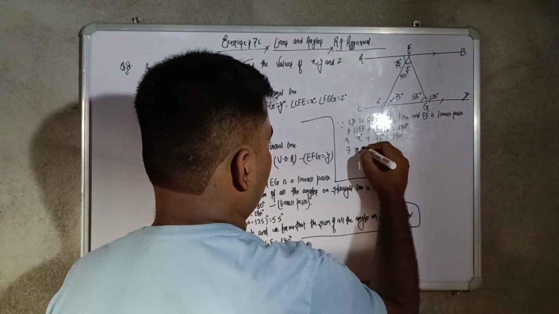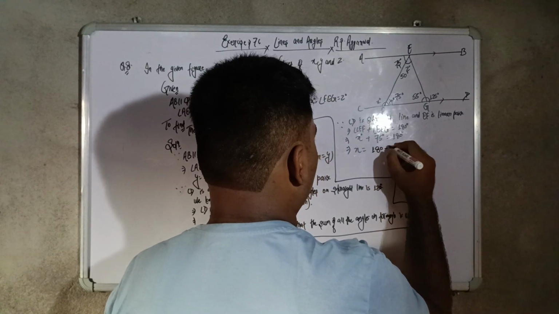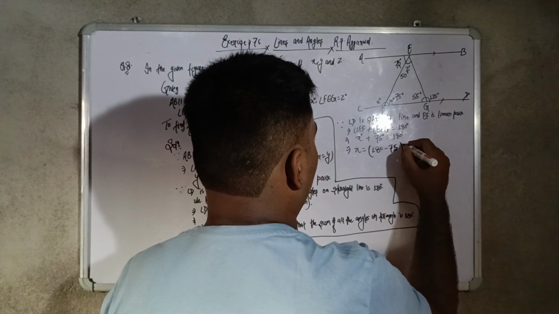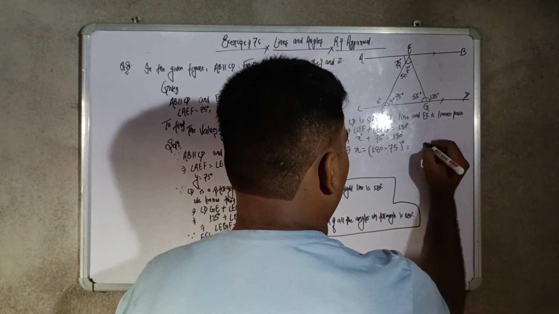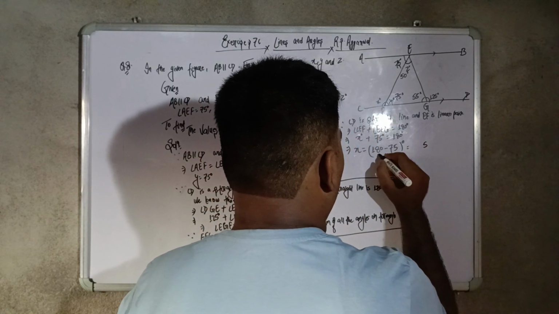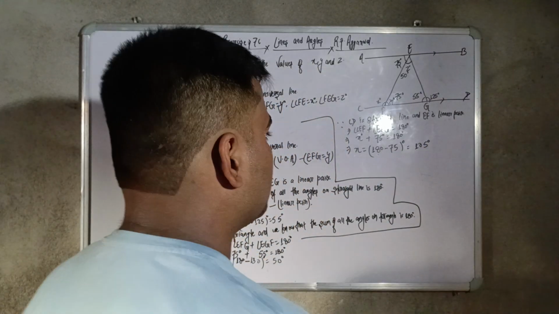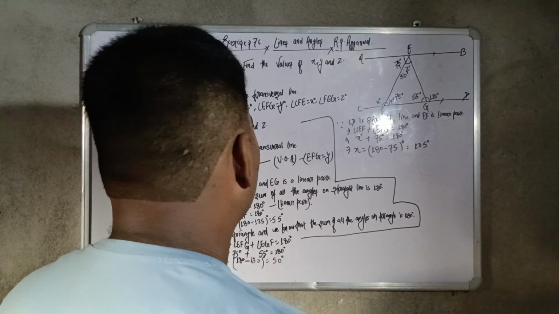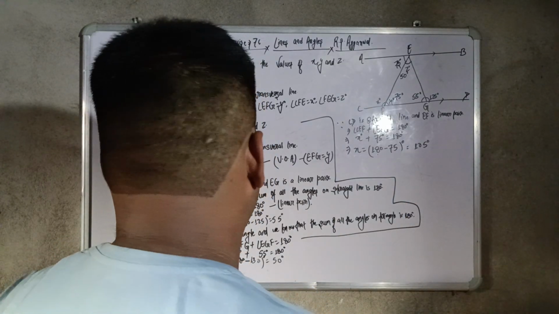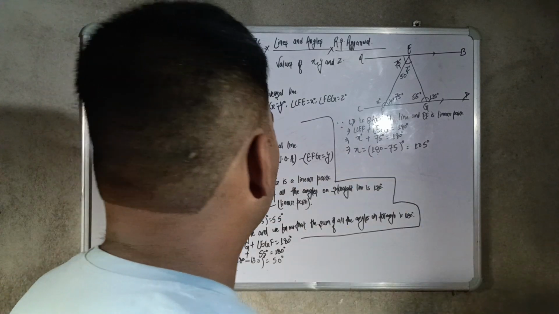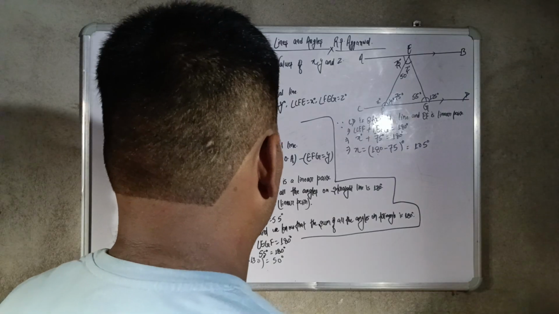Now we have to find the value of x. 180 minus 75 is equal to 105 degrees. The value of x is 105 degrees. So x is 105 degrees, y is 75 degrees, and z is 50 degrees.